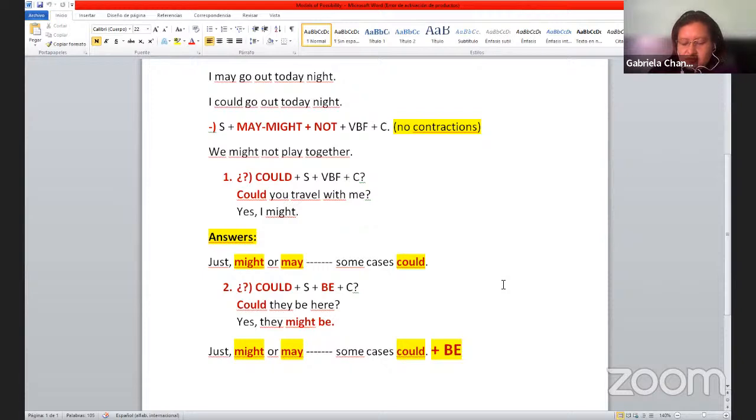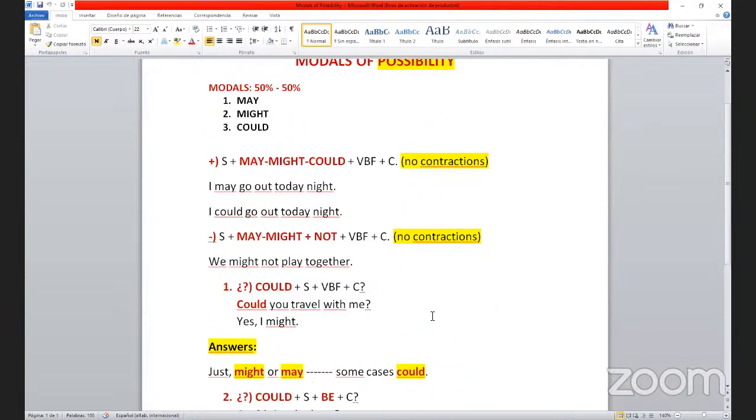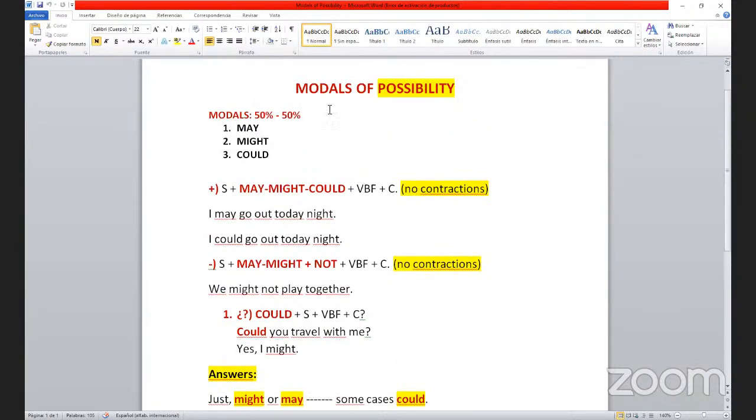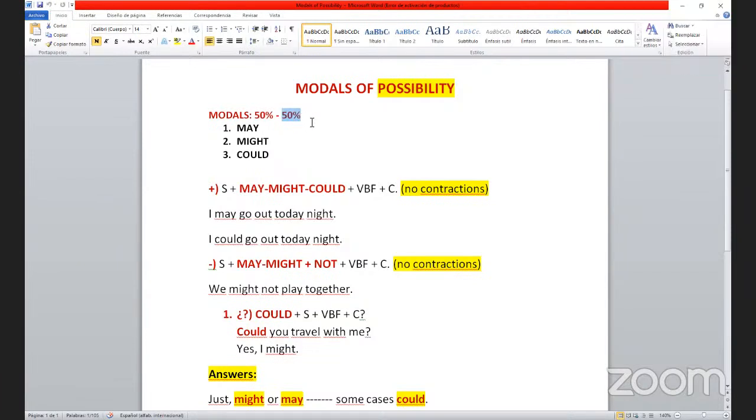Yes, Laura. Perfect, okay. So now my second question is, if we're talking about possibilities, 50-50, yes or no. If I have something that is going to happen, that is not a possibility, what auxiliary do I use?